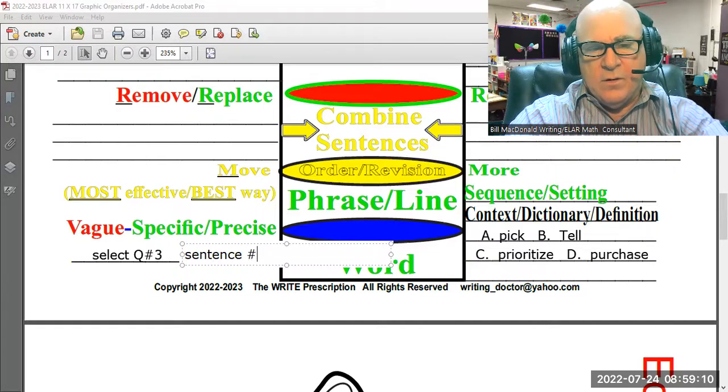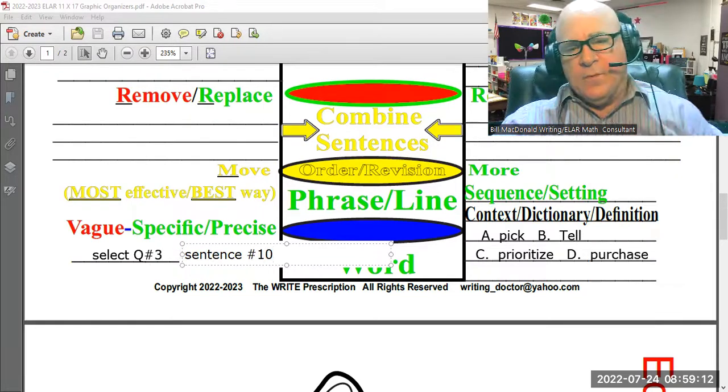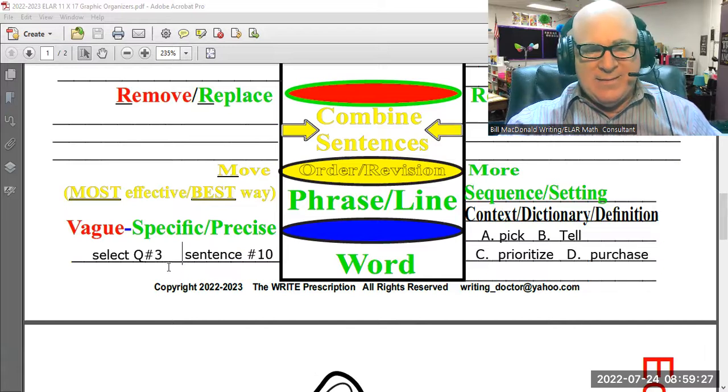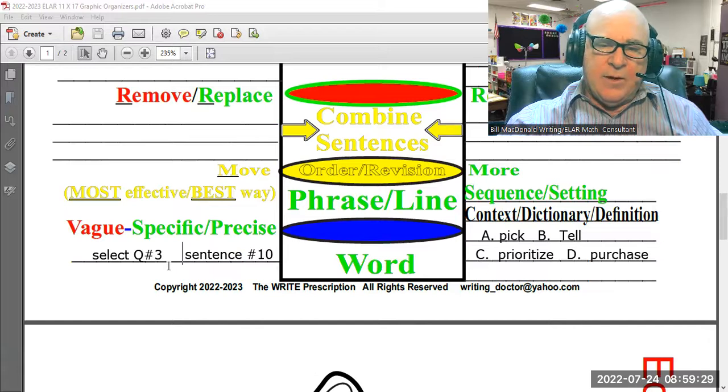Sentence number 10. And so what you can say is, okay, let's just look at it on its own. If I select something, yes, I'm going to pick it. I want to select, I have to be able to tell which one I'm going to select. If I prioritize, it doesn't sound like select.